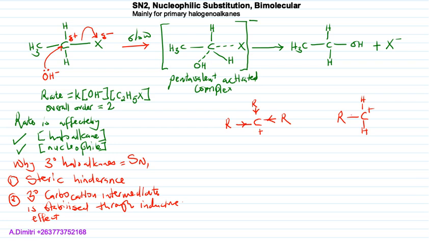But in a primary carbocation, we only have one alkyl group. So in terms of stability, the tertiary carbocation is more stable. Therefore, formation of the tertiary carbocation is more exothermic. The primary is less stable, so it cannot be formed via SN1.